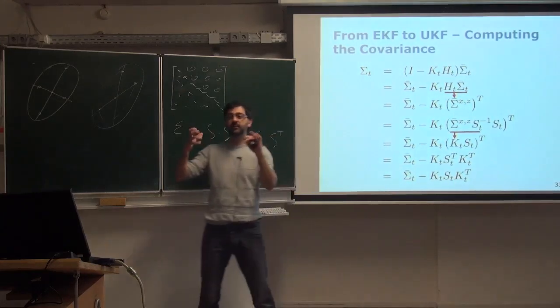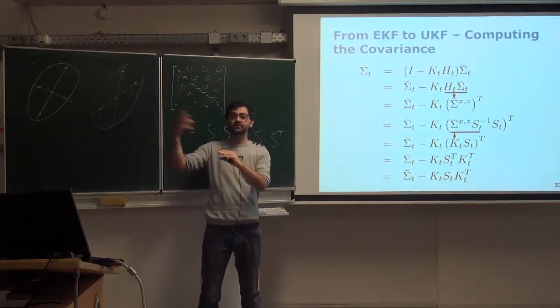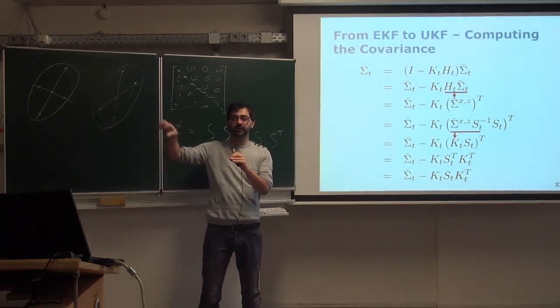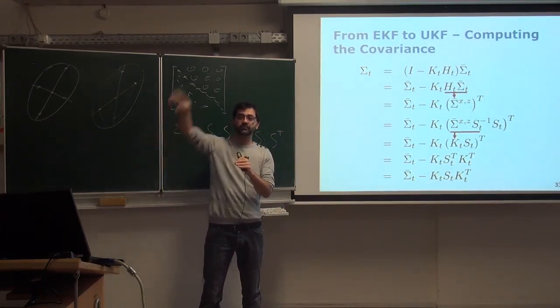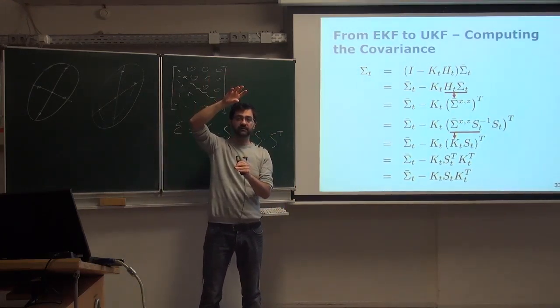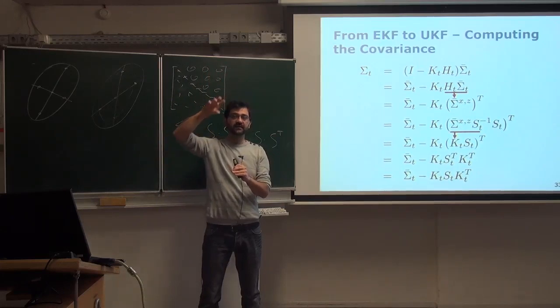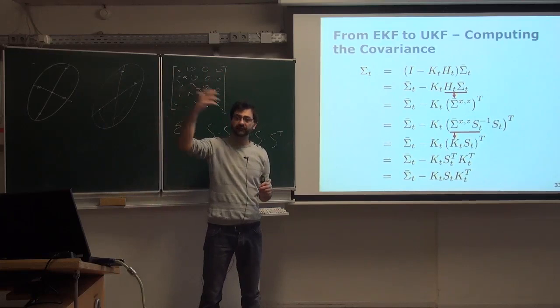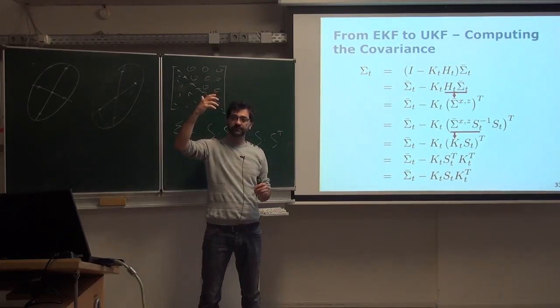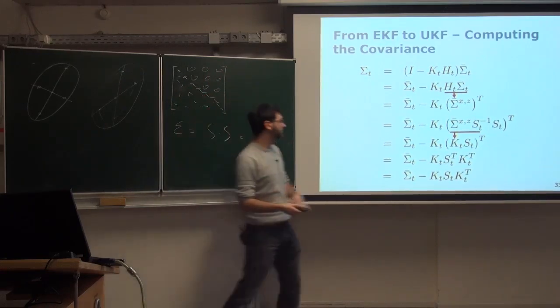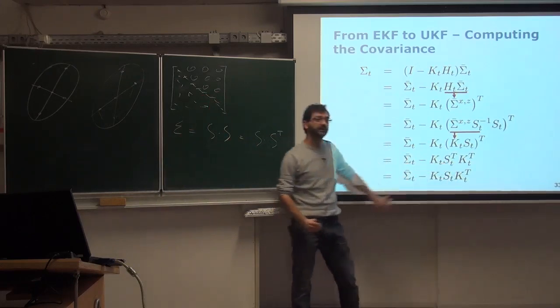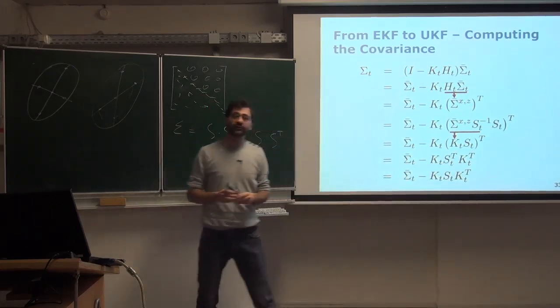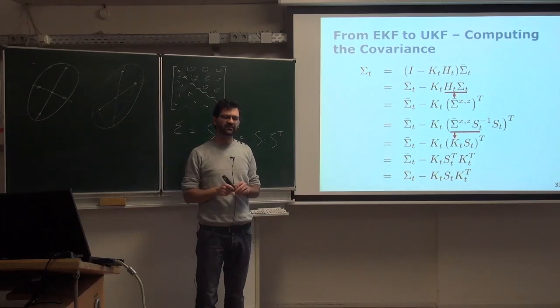So the Kalman gain is somehow the optimal projection of the information from your observation space to your state space. It's like how much of this information I have to bring up. You can imagine it in this way, and that's another way of interpreting the update rule of the Kalman filter. Does it make sense?